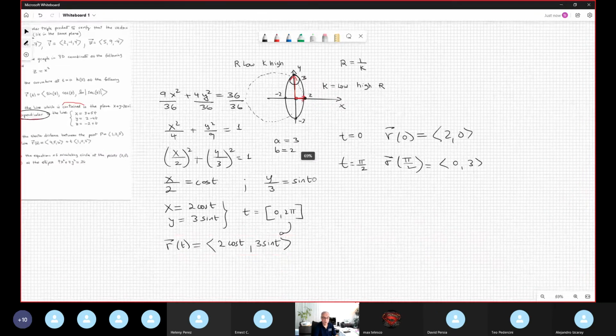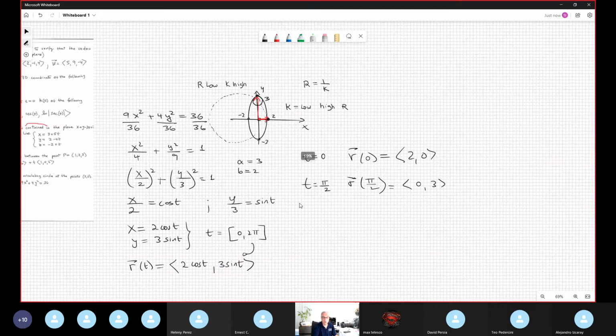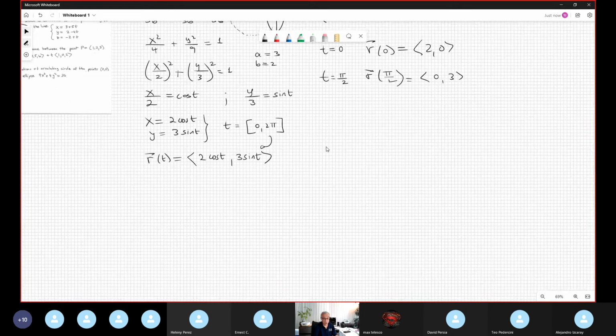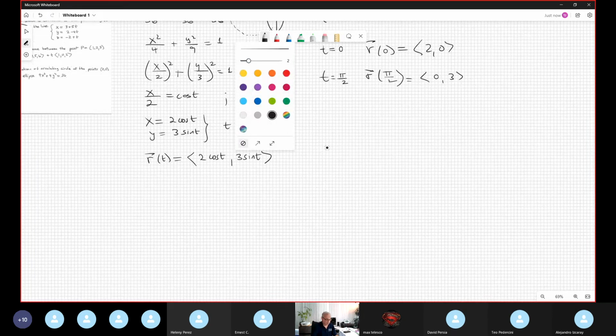So, what is the formula? To find the osculating circle, we need two pieces of information. We need the center, and we need the radius. And to find the radius, of course, we use the curvature. I want to skip a lot of the complicated, not complicated, but too big, parts.